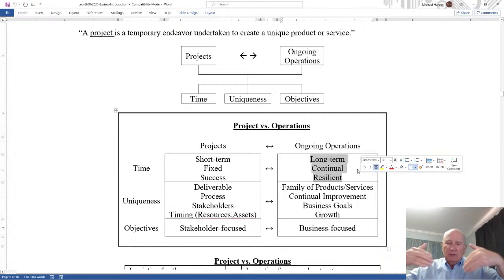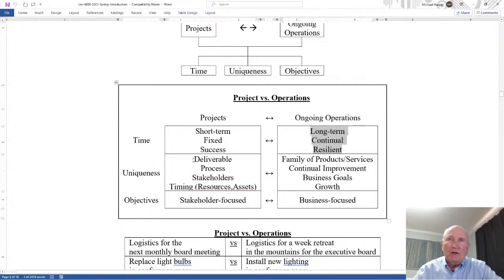You continue, you scale, you continue, you scale. Uniqueness. Well, the deliverable is going to be the focus of the project, and the process is going to be unique for that specific deliverable. Your stakeholders can change each time, and the challenges can change, and the timing, your resources, your assets can vary.